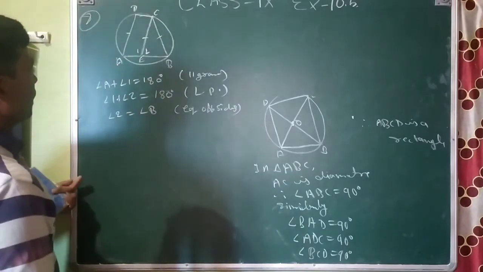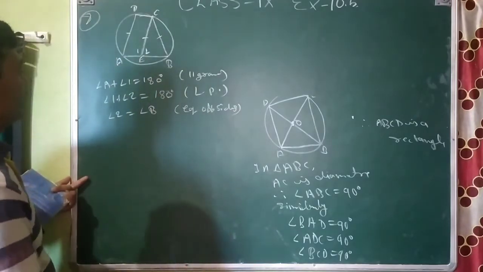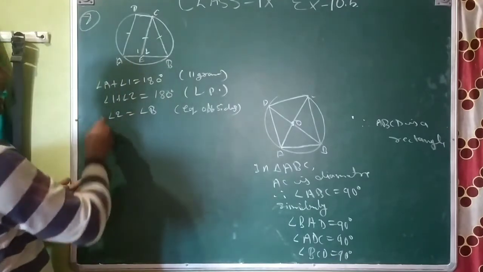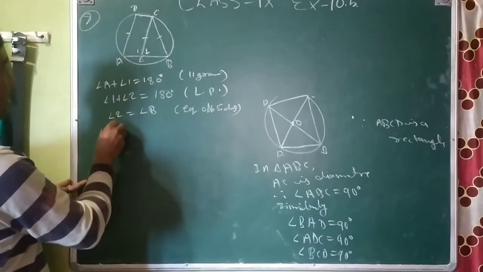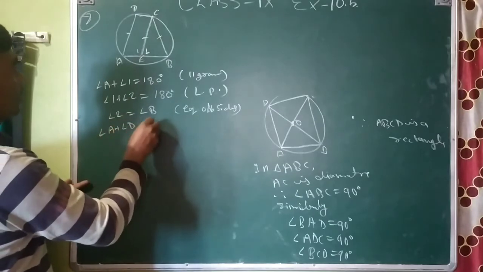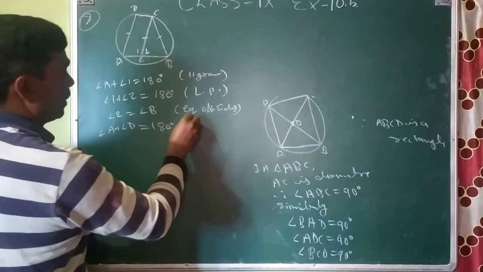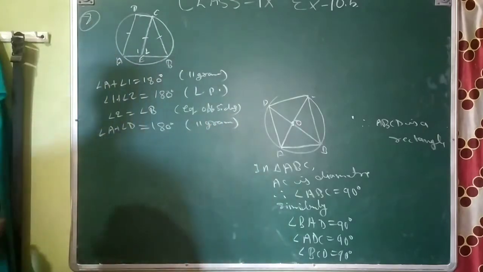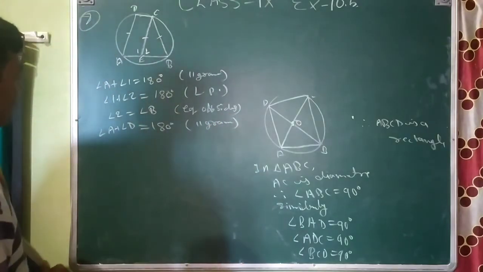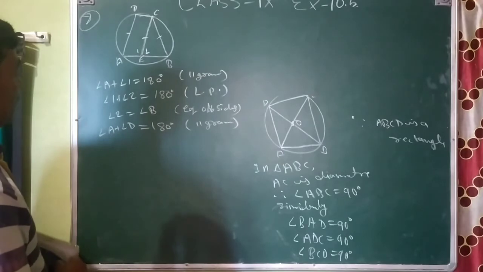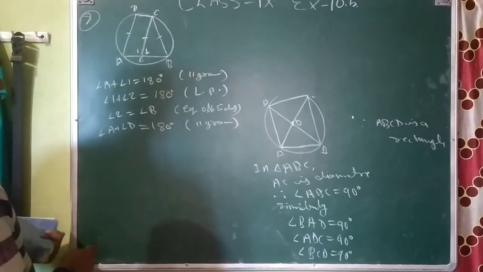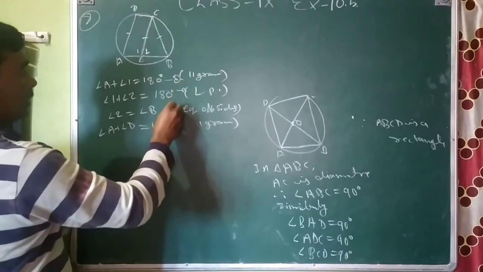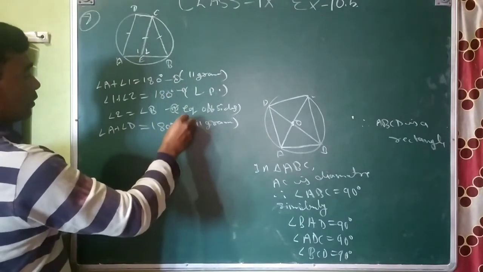Now in the place of this one we can write that angle A plus angle D is also 180 degrees by parallelogram. Those will be equations first, second, third, fourth.